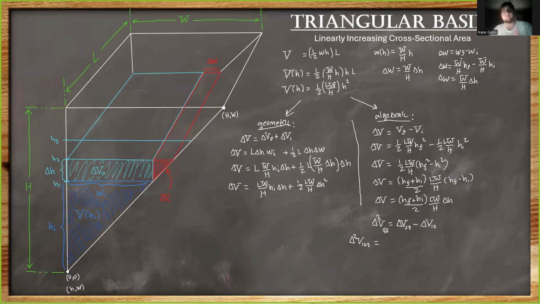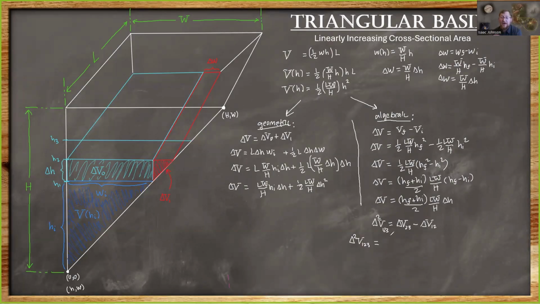Wouldn't that be delta V1? Delta V1, just the subscript of 1? Yes. Oh, I see what you're saying, like the triangular bit.